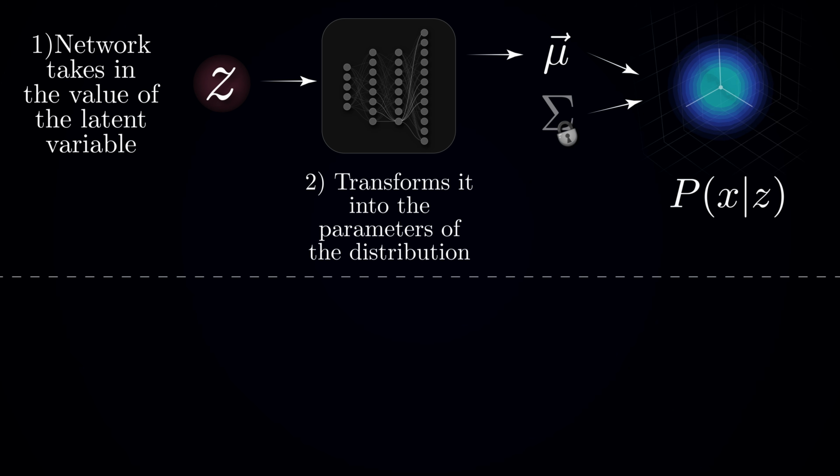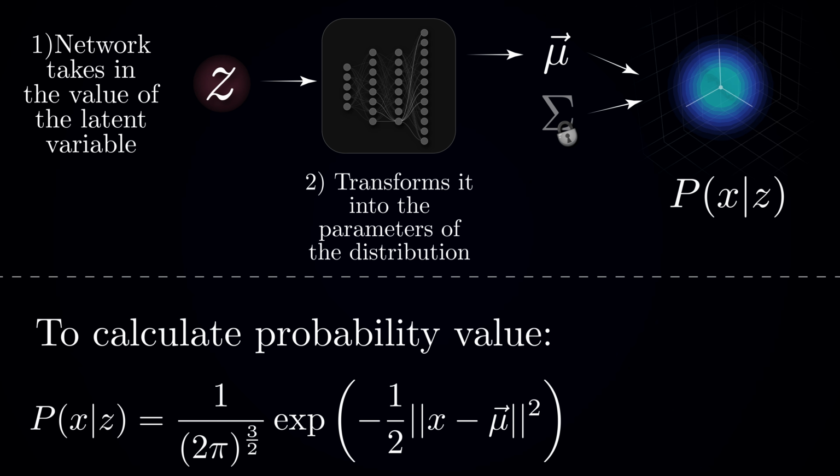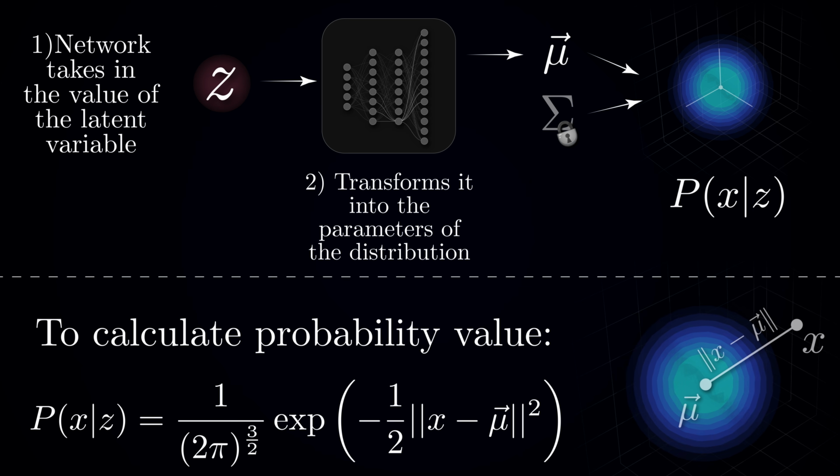Importantly, the neural network isn't directly outputting probabilities. It's outputting the parameters of the probability distribution. The actual probability of any data point, p of x given z, can be calculated using the Gaussian formula, with the predicted mean and the fixed covariance.